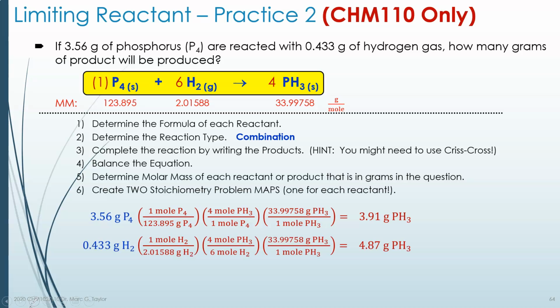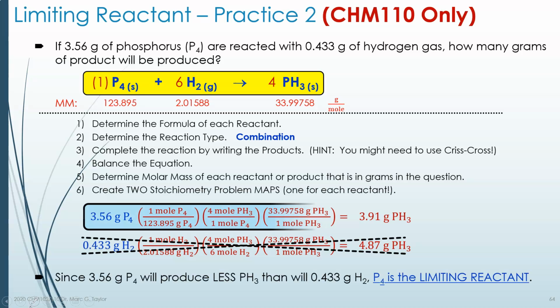So you do the 2 calculations. 1 for 3.56 grams of phosphorus, and you get 3.91 grams of PH3. And if you use instead the 0.433 grams of hydrogen gas, you see you get 4.87 grams of phosphorus trihydride. So this tells you that the first reaction is the one that's going to actually happen.